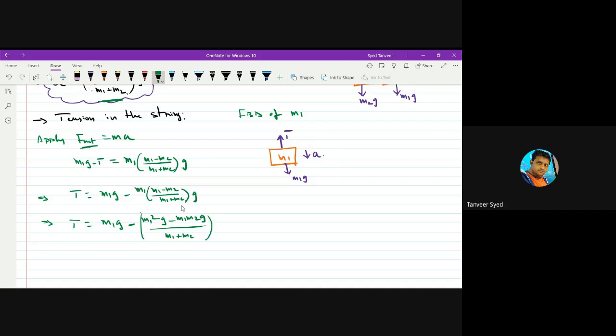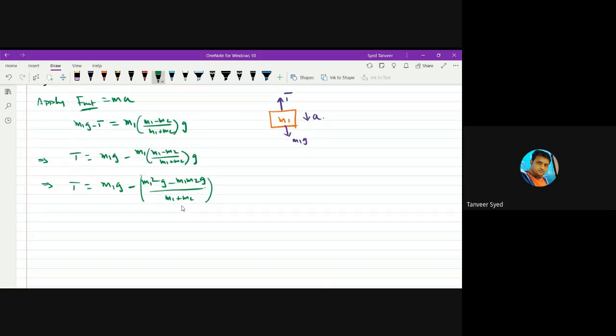Okay, LCM. T is equal to M1 G into M1 plus M2 minus M1 square G plus M1 M2 G by M1 plus M2.